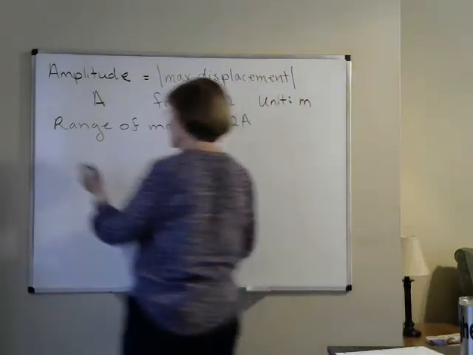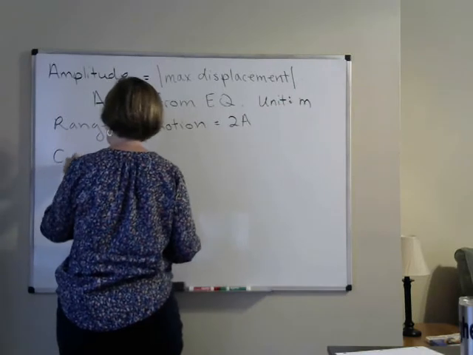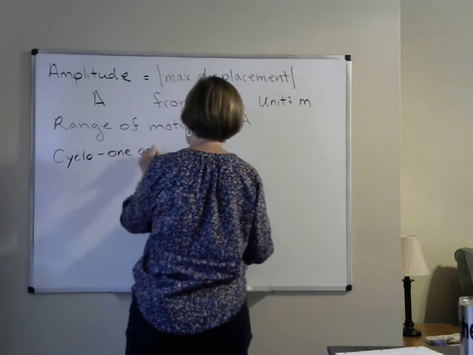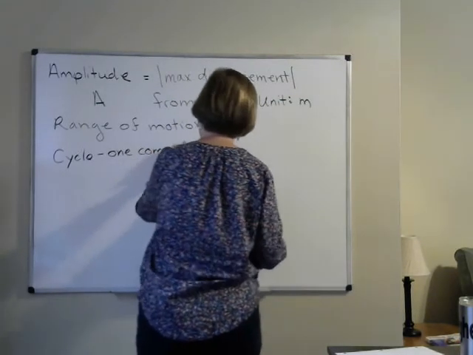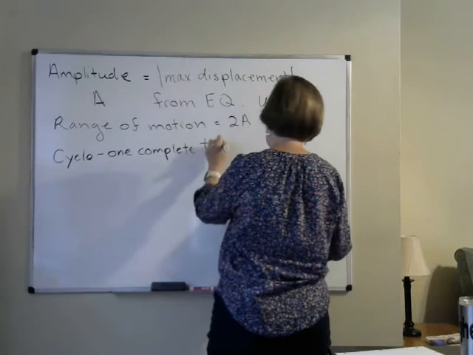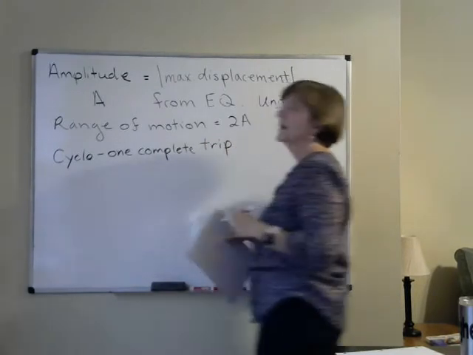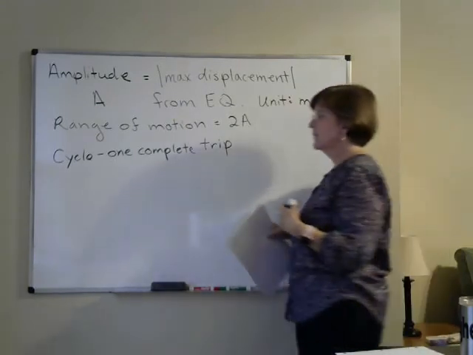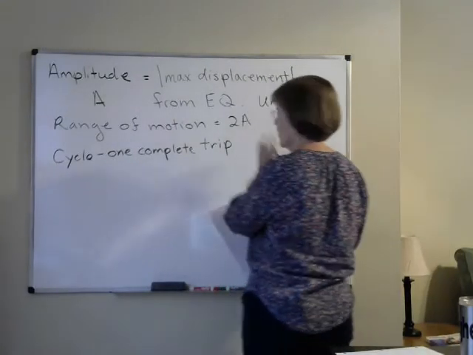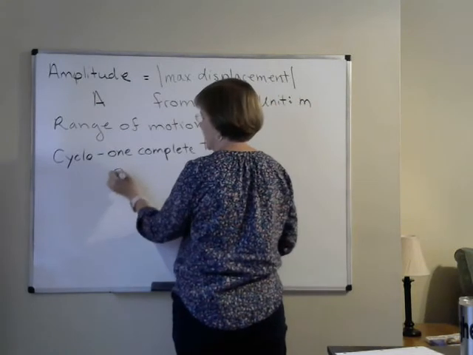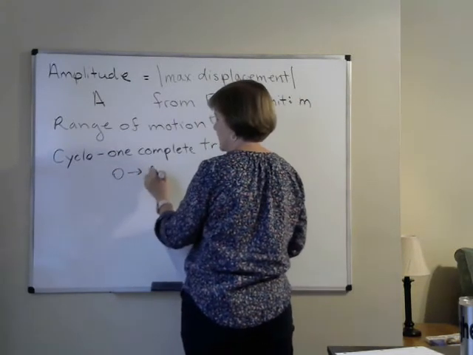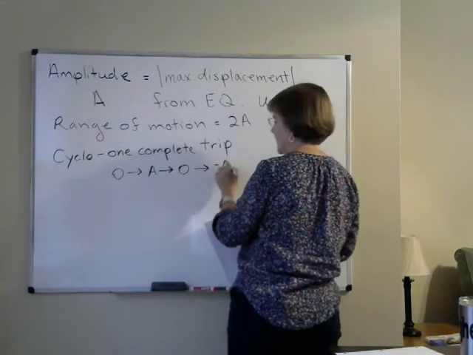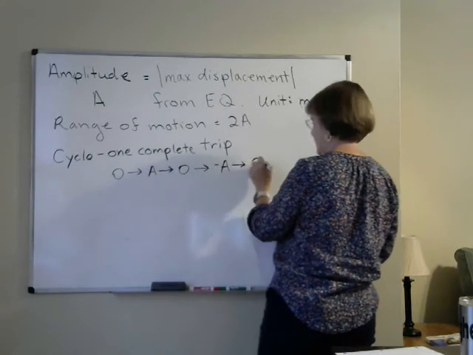A cycle is one complete trip. You can think of it as being the shortest path before it starts to repeat itself. If we want to start from, say, the origin or the equilibrium, you would have to go out to A, back to the origin, back to negative A, back to the origin.